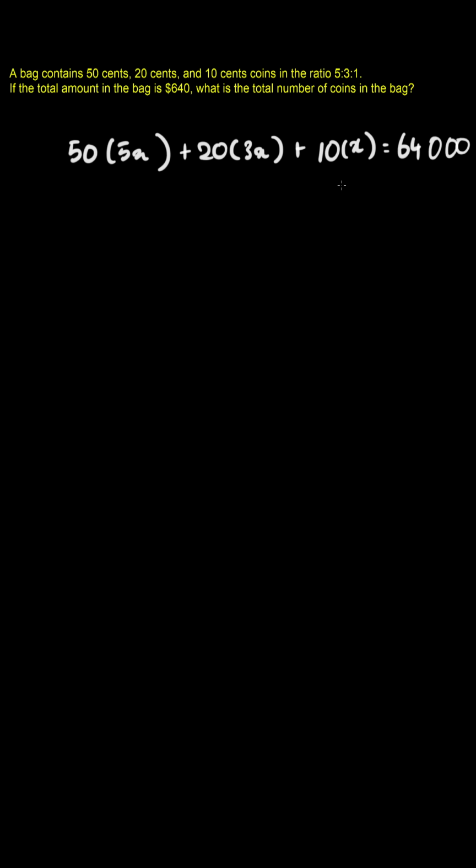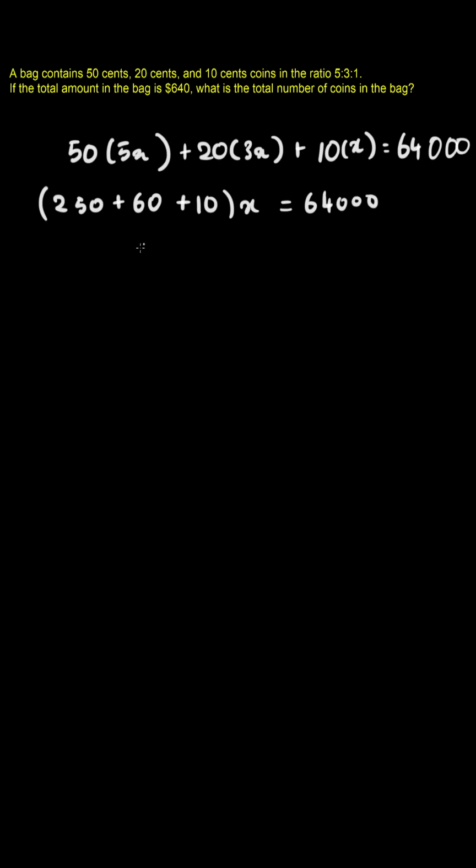We know x is common, so let's take x out, and before that, let's multiply. 50 times 5 is 250, plus 20 times 3 is 60, plus 10, times x is equal to 64000.